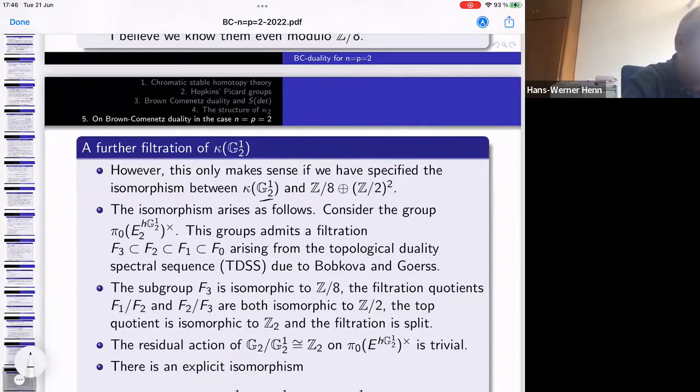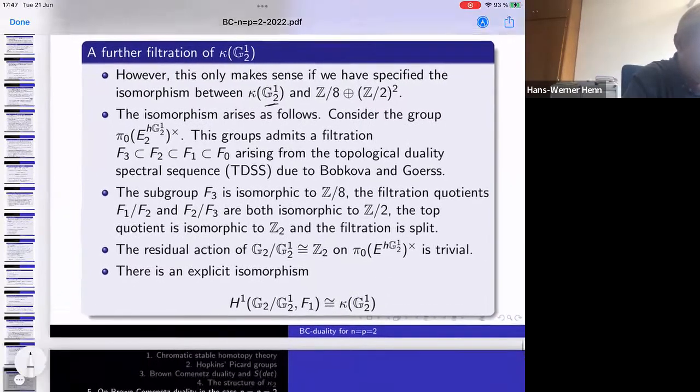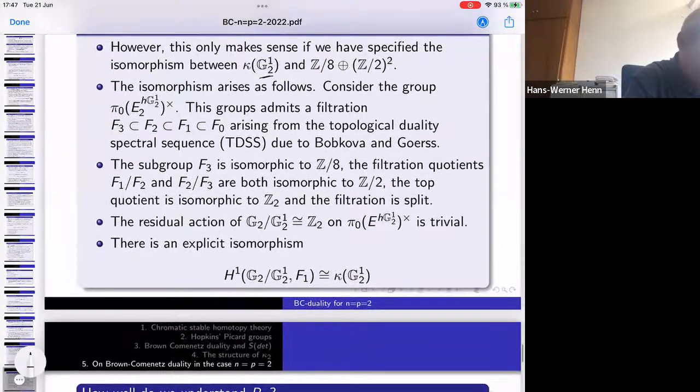Then there's an explicit isomorphism from H1 of G2 modulo G21 acting on F1 with kappa G21. You calculate the left-hand side, and it is isomorphic to C mod 8 cross C mod 2 cross C mod 2.